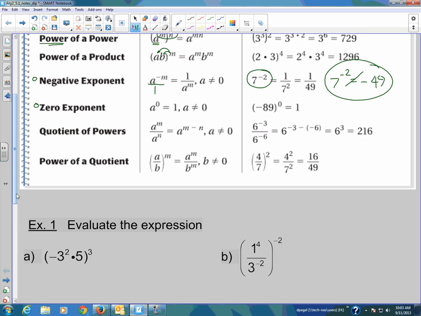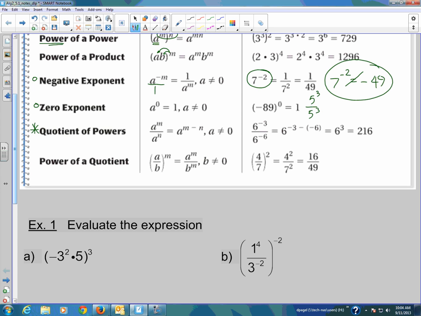The zero exponent. How does anything to the 0 power equal a 1? Again, we'll use another example. We're going to use our quotient of powers to demonstrate this. Let's say we had, as a quotient of powers, 5 to the third divided by 5 to the third.